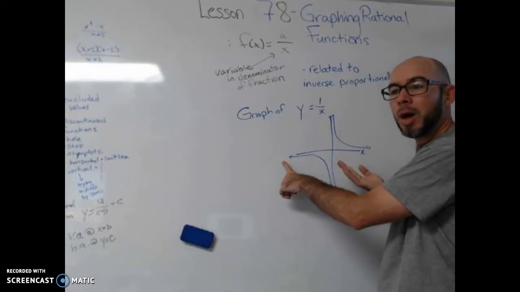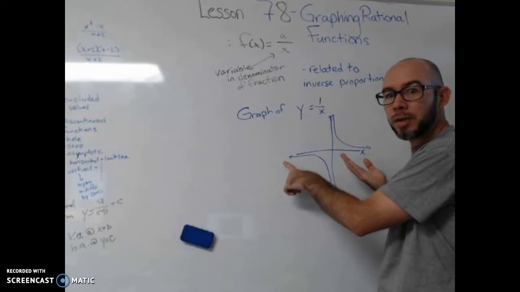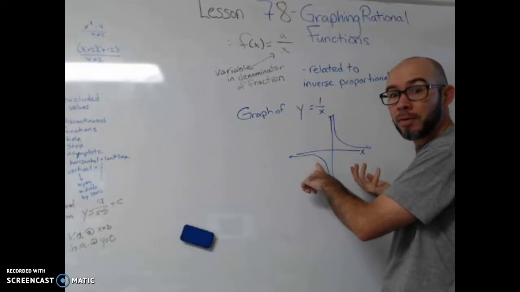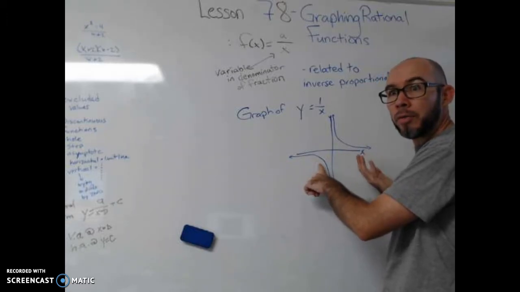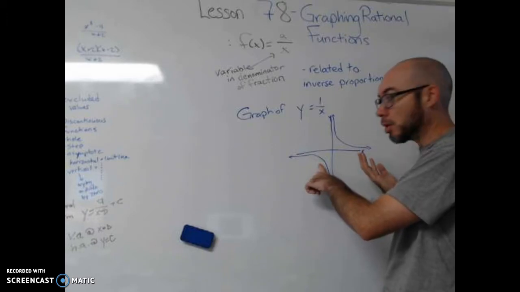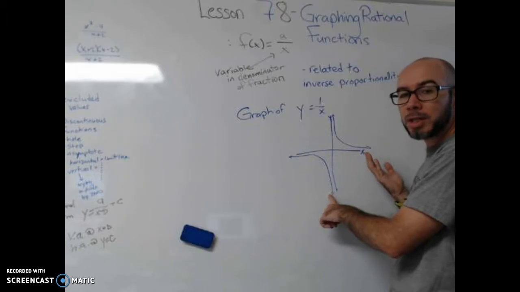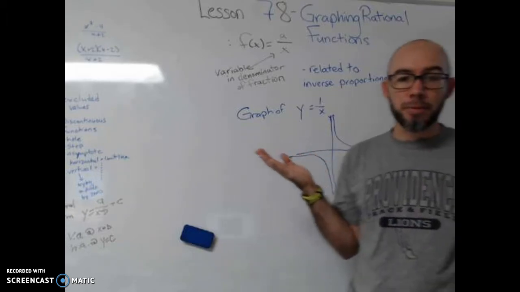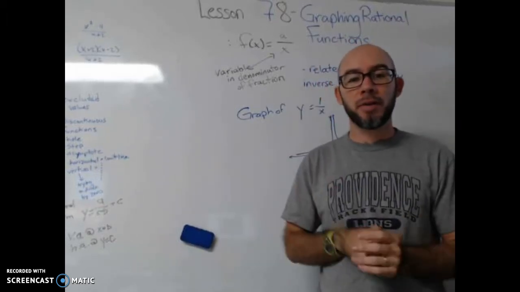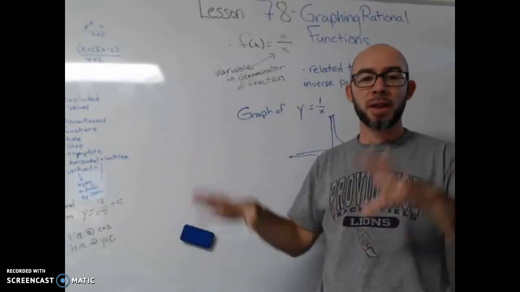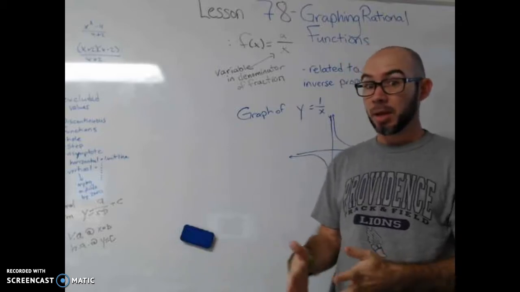That's fine. 1 over negative 2 is negative 1/2. 1 over negative 1 is negative 1. 1 over negative 0.2 is like negative 20. But when you hit 0, it doesn't know what to do, because you're not allowed to divide by 0. A giant hole opens in the universe and things get sucked in.